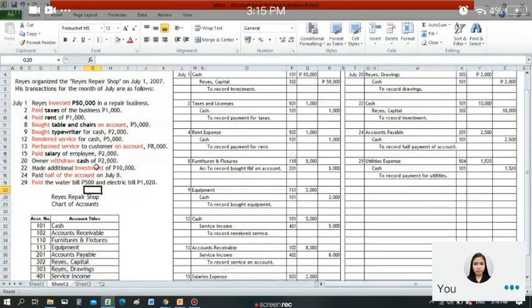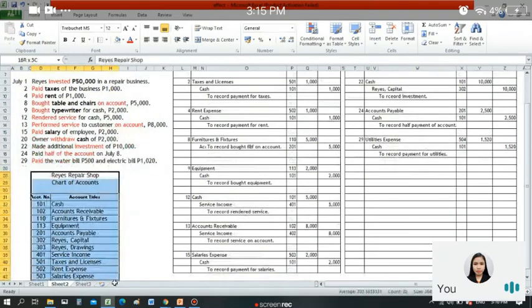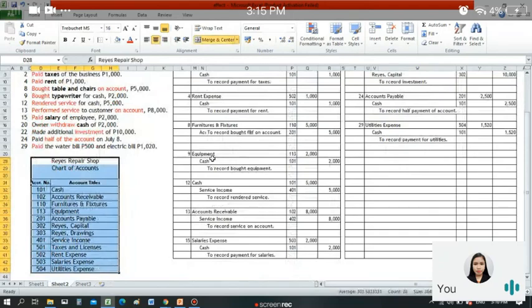First is preparing the chart of accounts. Again, to summarize, prepare the heading, the name of the business, and then the preparation. Then prepare the chart of accounts sheet by writing the account number in the first column and the account titles in the second column. Then arrange the given account titles based on the account number.